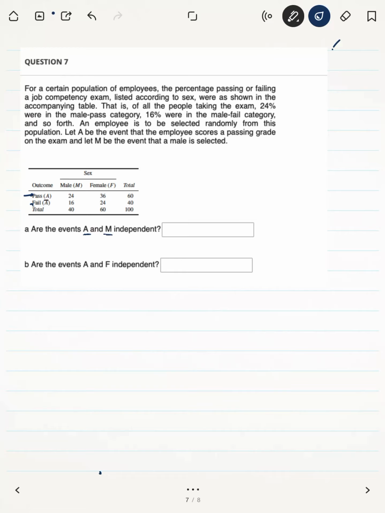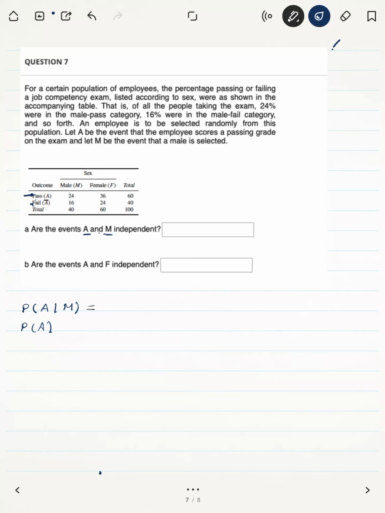Do you think that A, the passing, is independent from male? So you have to check the independence using any of the 3 rules that we have mentioned in class. I'm going to choose probability of A given male, and compare it with probability of A, probability of passing. If they are equal, then the 2 events are independent.